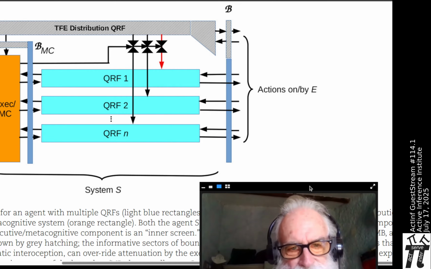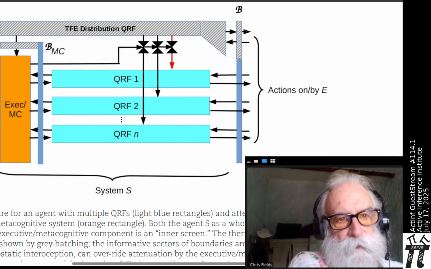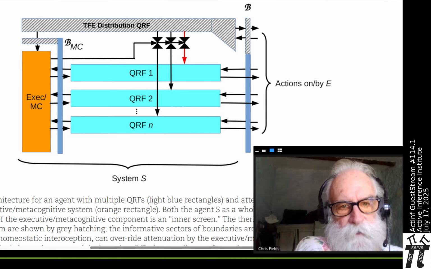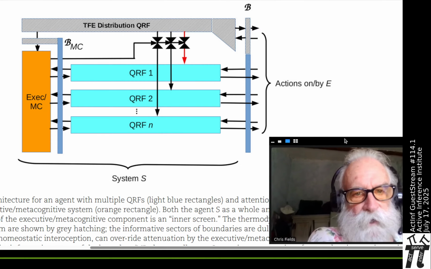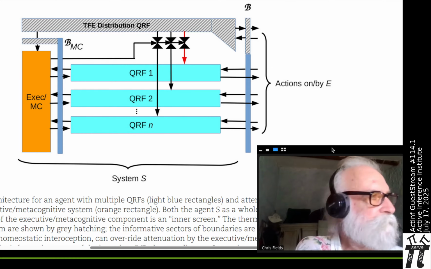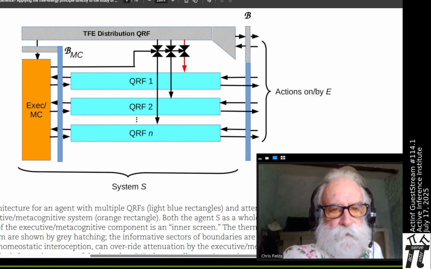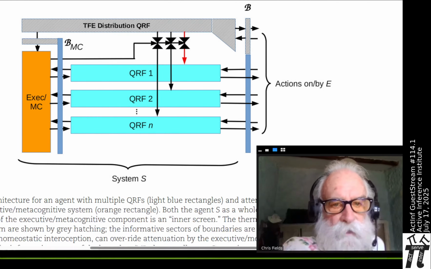This is a stripped down picture of an active inference agent that's complicated enough to have several perception action loops, which we've labeled QRF for quantum reference frame, the representation of our perception action loop in the quantum formulation.